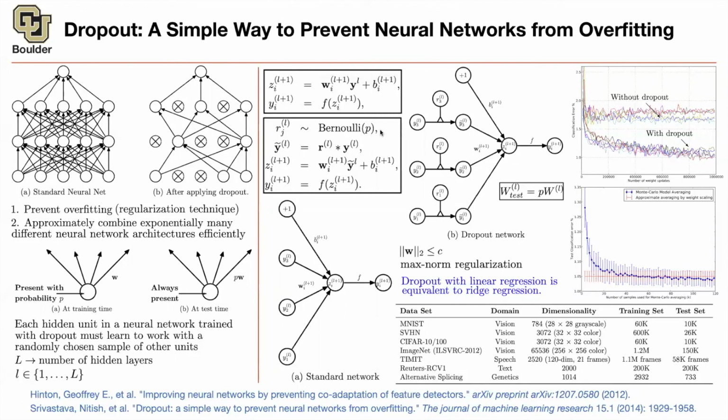So what I want you to take home from this slide are the 2 points that I started with. Many people think of dropout as a regularization technique, and they don't know about the second point, that you're actually approximately combining exponentially many different neural networks together. And the key point is here.